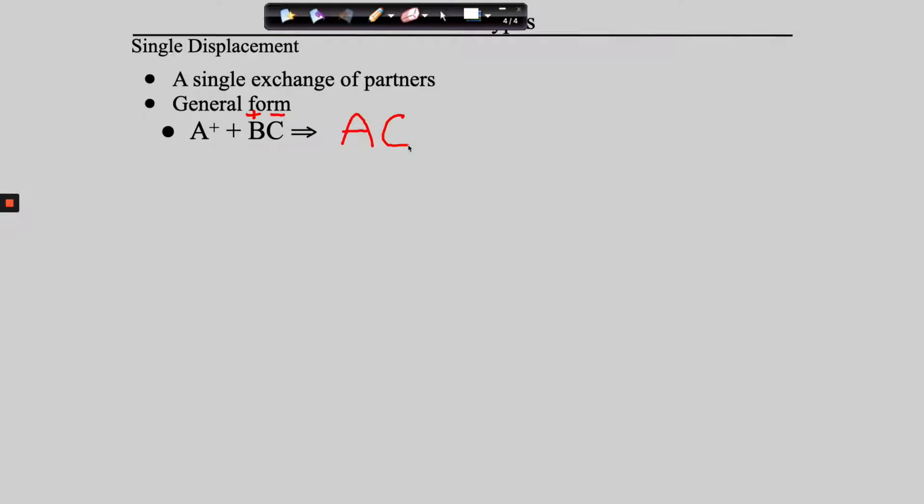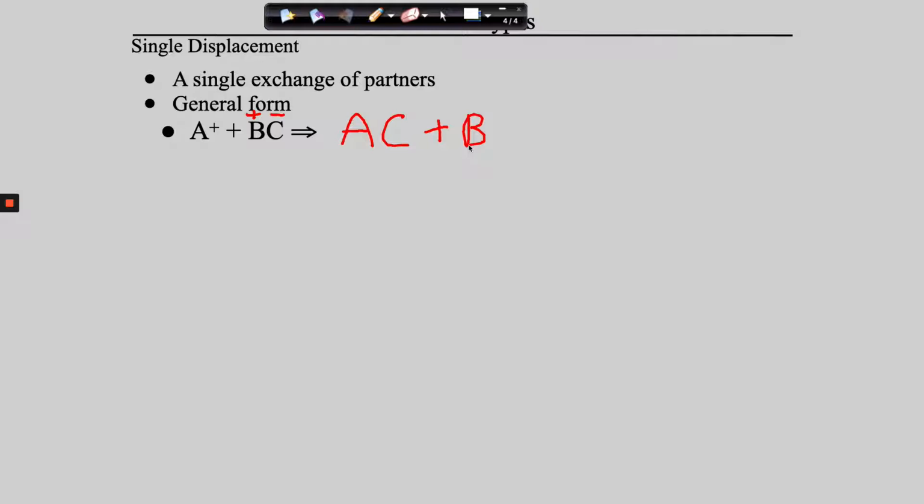Now guys, the question is then this. What happens to B? Well, B goes home alone. Do you see the displacement? Who got displaced? B. See, B was chilling with C. And A, I mean, this is kind of like what happens at dances, right?